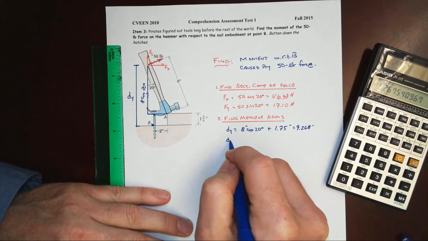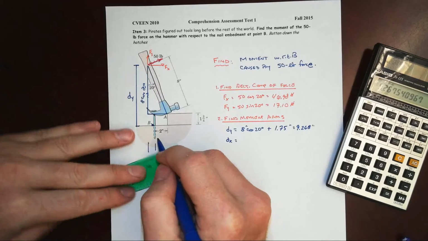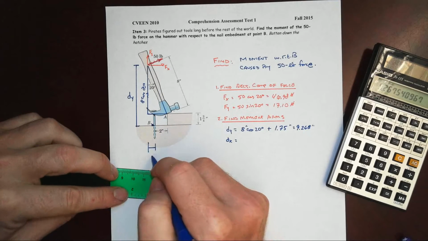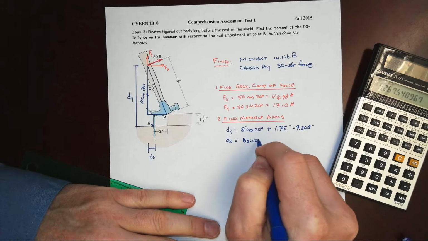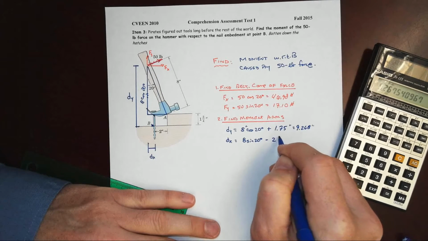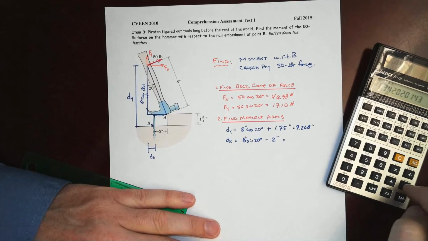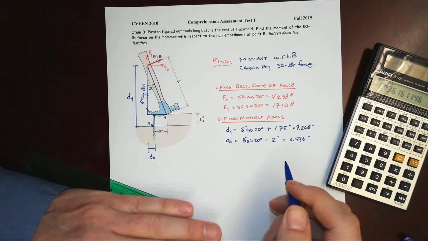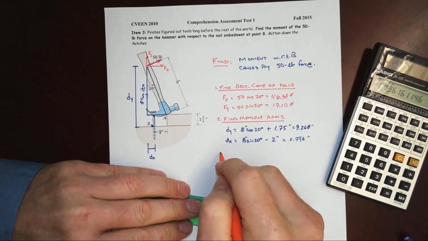And then our x moment arm, that distance right there, well, that's just a subtraction of our 2 inches from the base of that triangle, or 0.736 inches. And now we can calculate our moment.